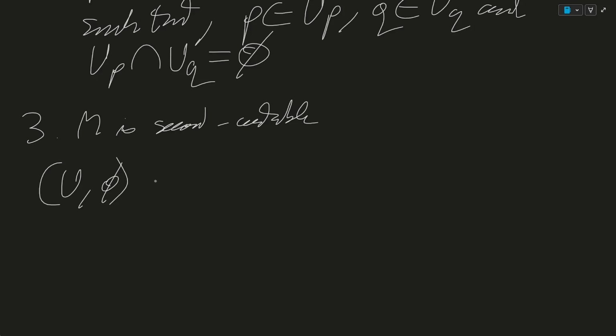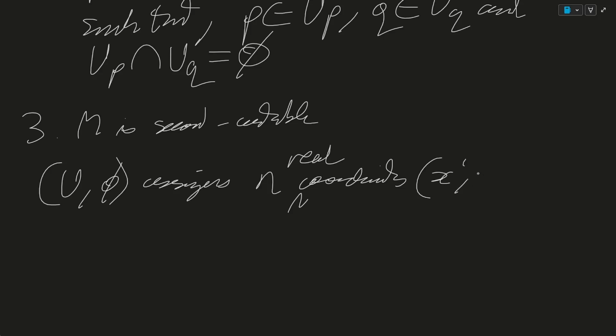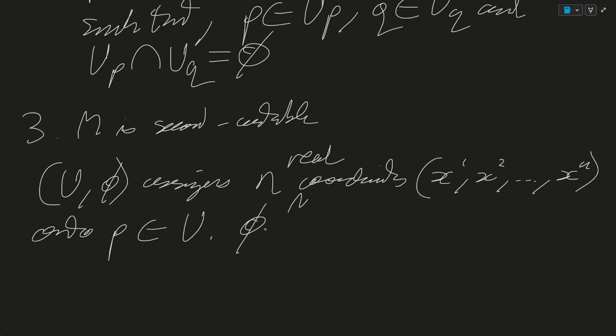We'll assign n real coordinates x1, x2, up to xn, onto P in U. And we have a map phi, which translates our abstract geometry on M into our regular vectors, which we know how to integrate and differentiate.